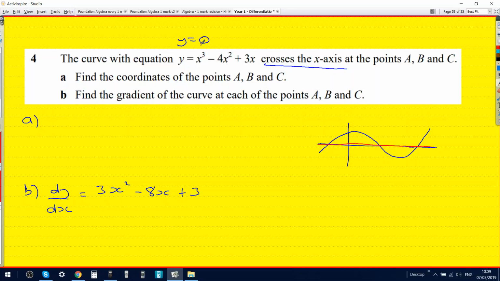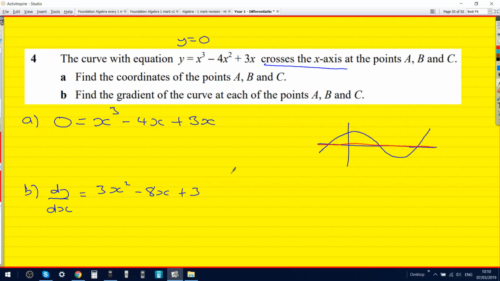So y equals 0, and what could you do there? Literally y is 0, so instead of y equals, it's 0 equals. And then you have to solve that.